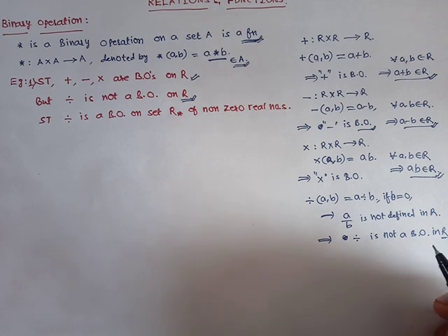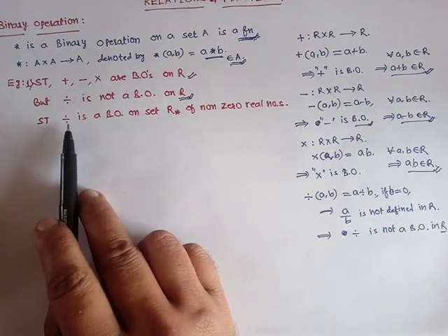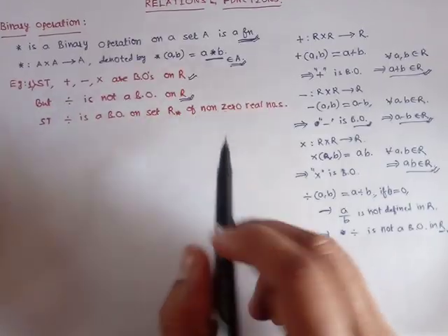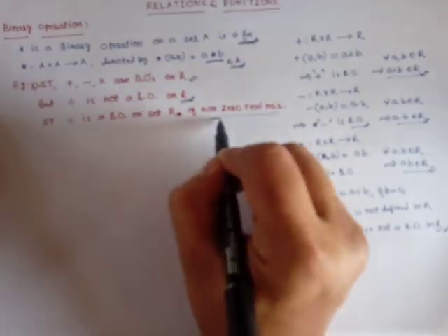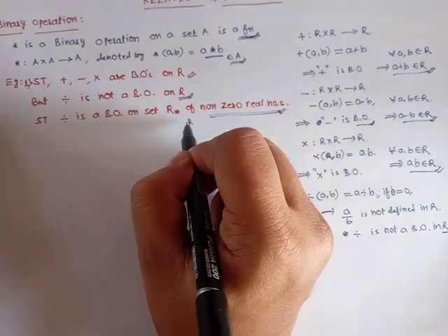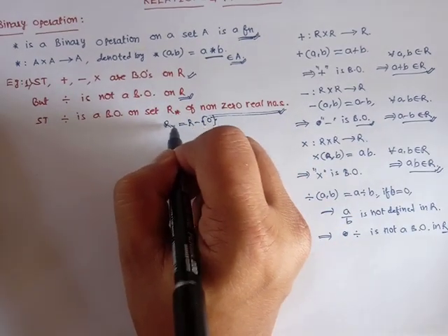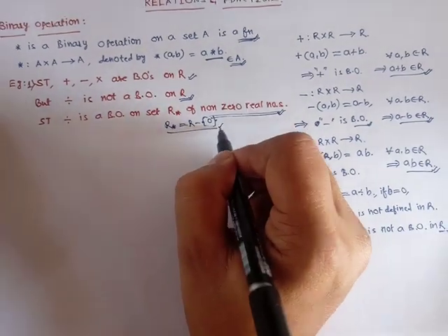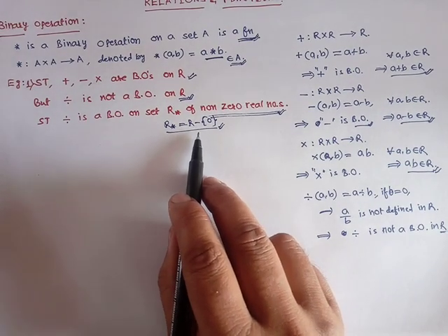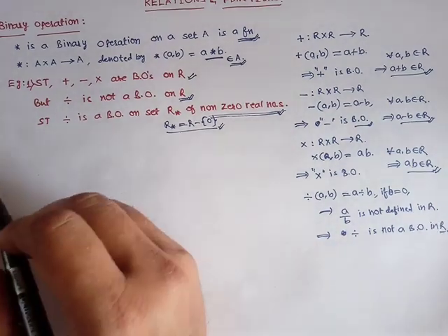And coming to the next, however, show that division is a binary operation on set R star, the set of non-zero real numbers. So it is saying R minus 0, which is nothing but your R star. Now the elements are not taken as 0, so A by B also belongs to real numbers only.